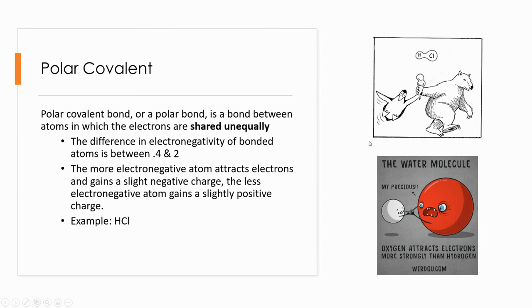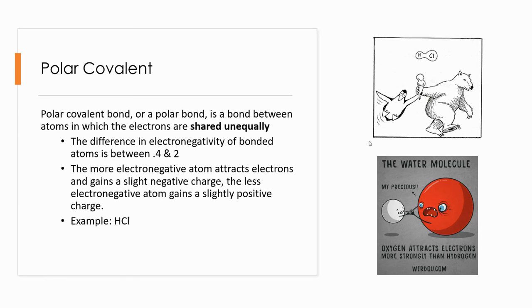The penguin's relative strength, its ability to hold on to that ice cream cone, or electron, really, is a lot less compared to the polar bear. So the polar bear ends up spending more time with those electrons. It would be more negatively charged. In this case, the penguin doesn't get as much time with those electrons, so it's more positively charged.